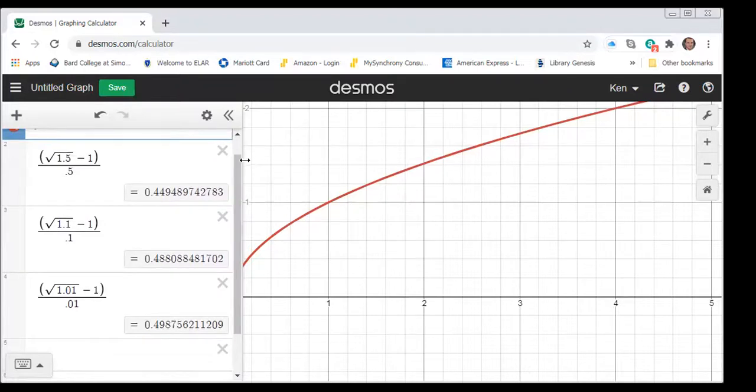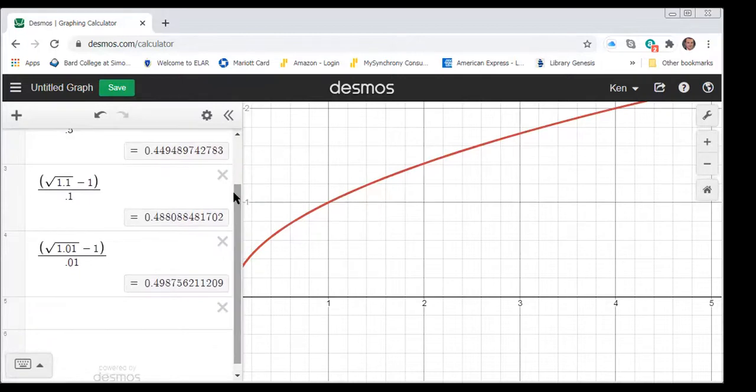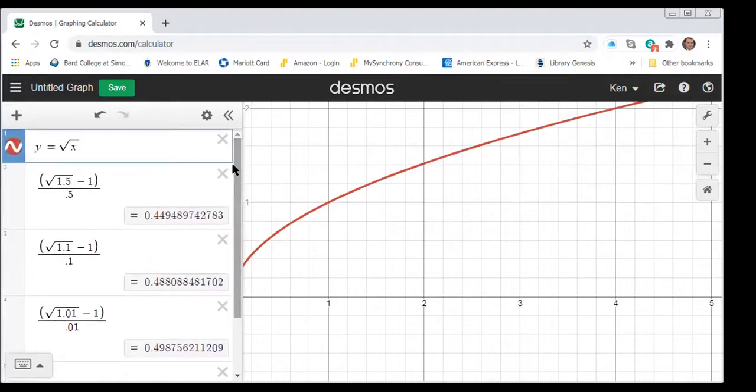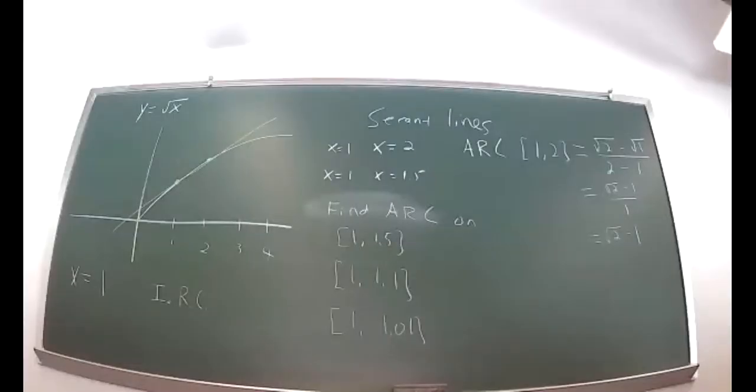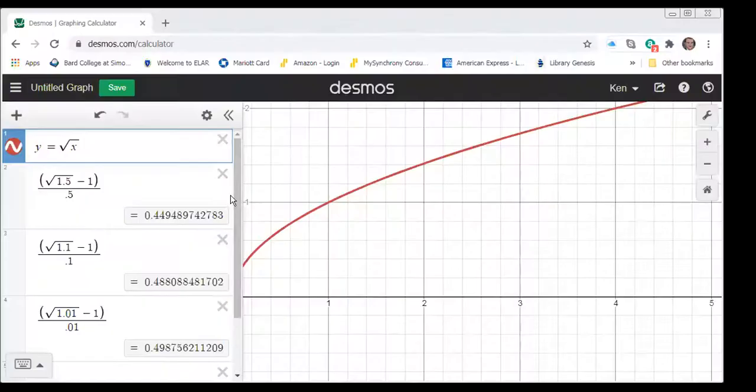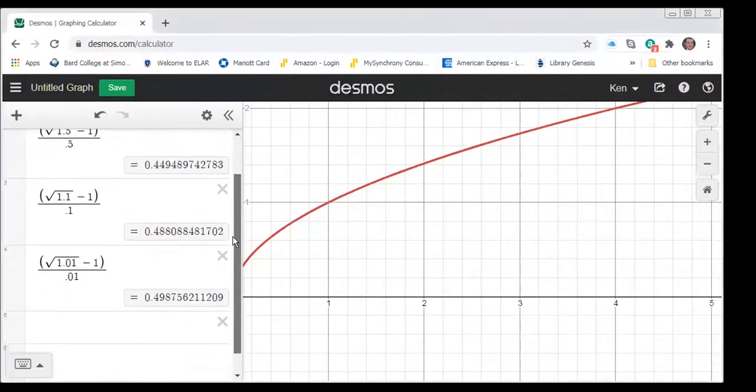So would anybody like to volunteer: what do you now expect is going to be the instantaneous rate of change at the point x equals 1? That is to say, what do these numbers look like they appear to be converging to?